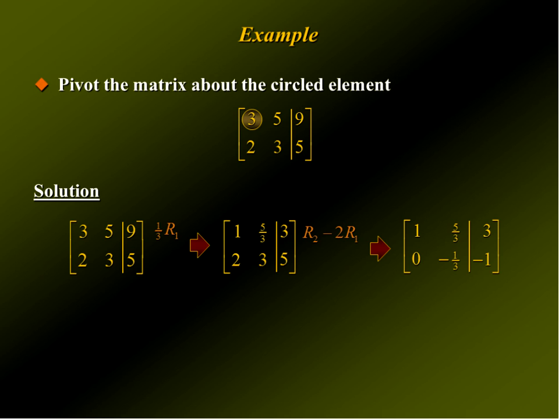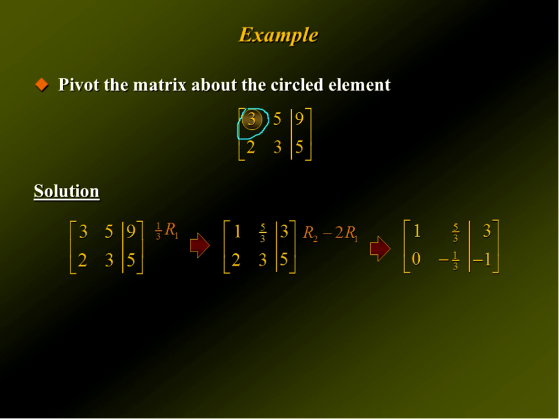I write it. This is the matrix given below, and we have to convert this matrix. First of all, this is the pivoting element, and we have to convert it into 1. To convert it to 1, what do we have to do?